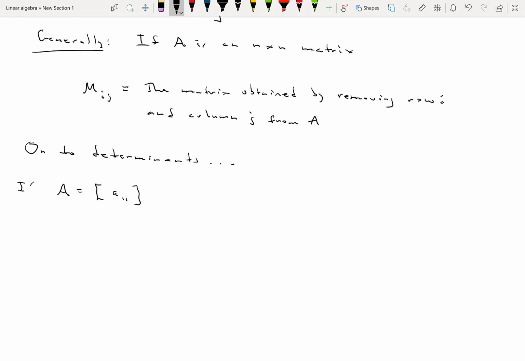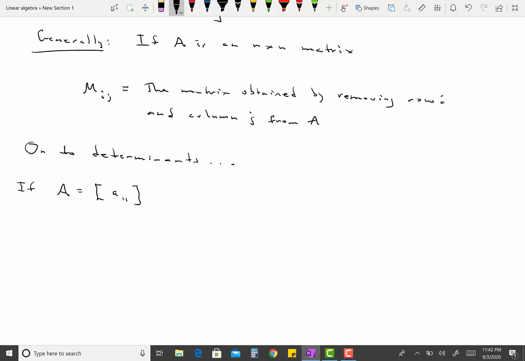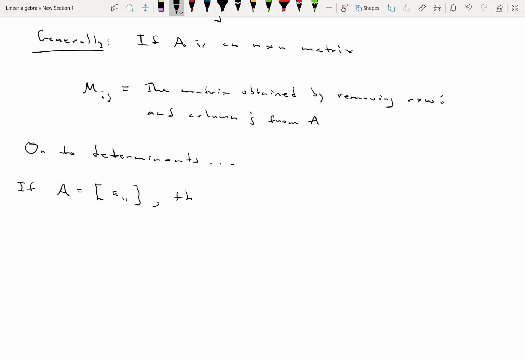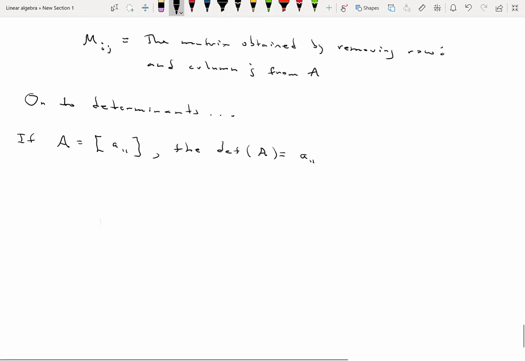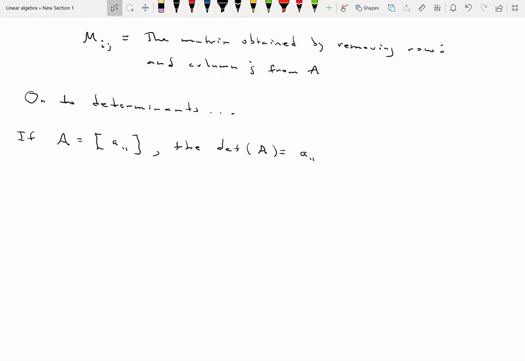If A is a 1 by 1 matrix, then the determinant, which we abbreviate as det, in parentheses, of A is simply a11. Okay, that's not real exciting. That would be an easy computation for any computer.